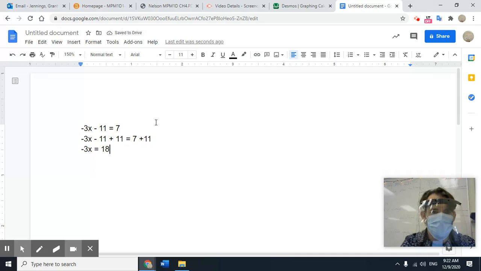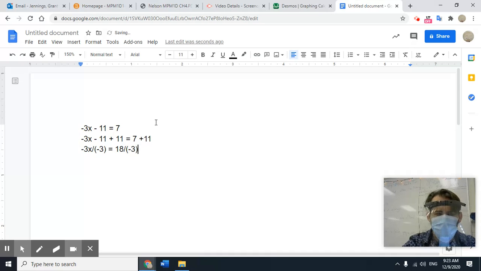And now I'm going to divide both sides by 3. Oh, I'm sorry, I'm not dividing by 3. I'm dividing by negative 3. I'm going to put that in brackets so it's very clear. Here we go. Negative 3.